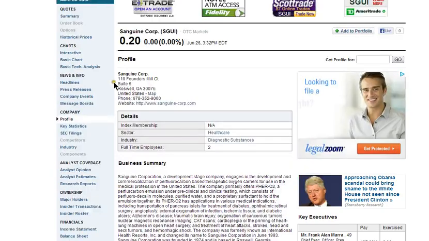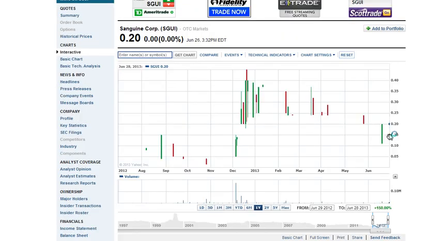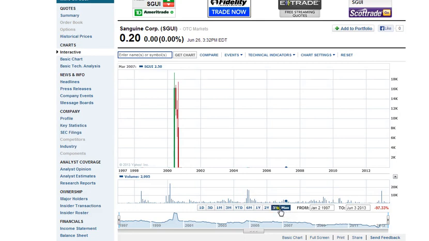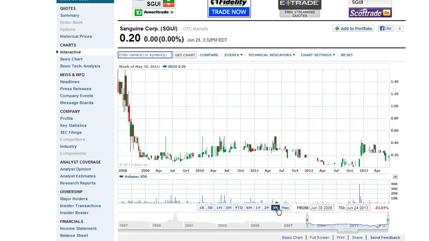So let's look at this stock chart to see what it's done. Okay, over the last 5 years, this has gone from $1.40 all the way down to about 5 cents per share. Actually, lower than that, 1 cent per share.